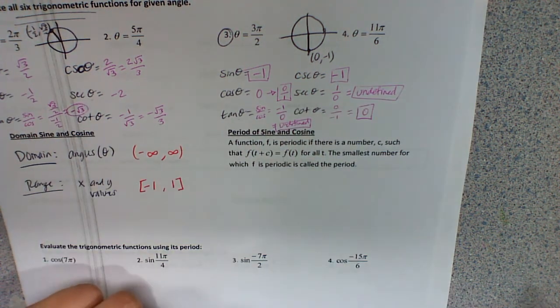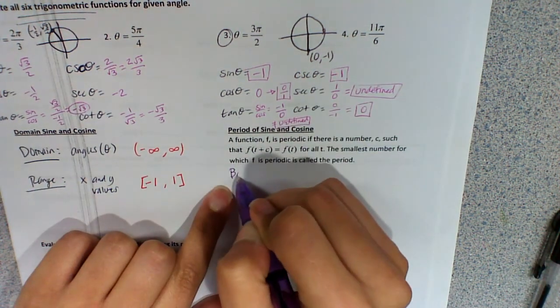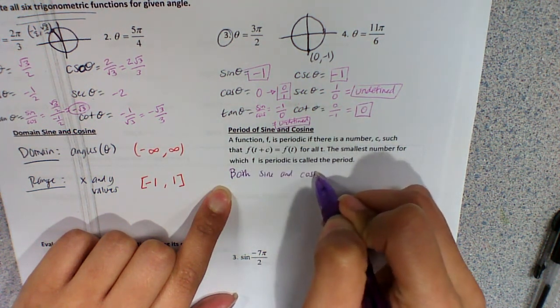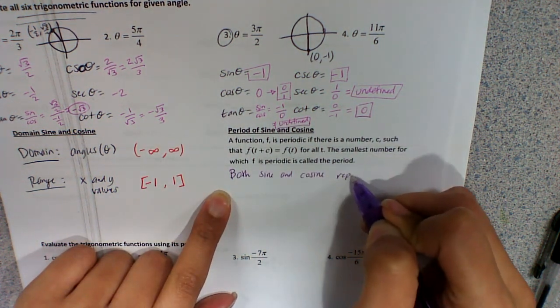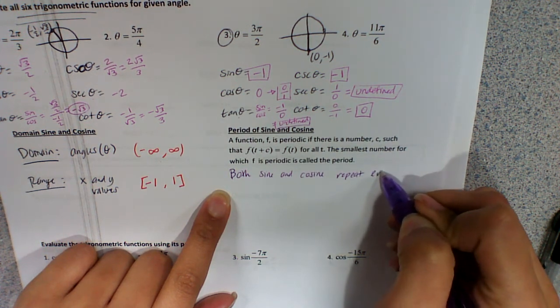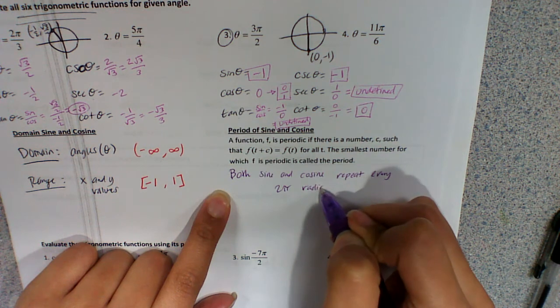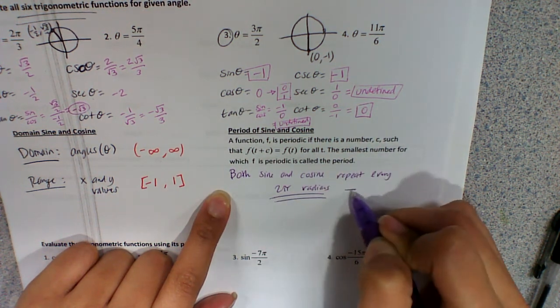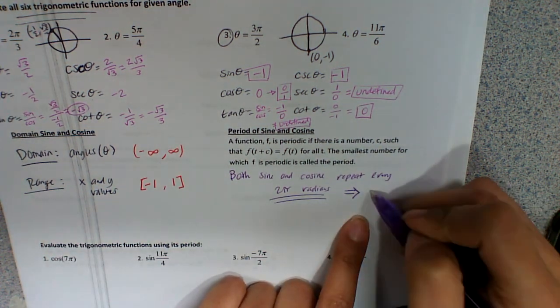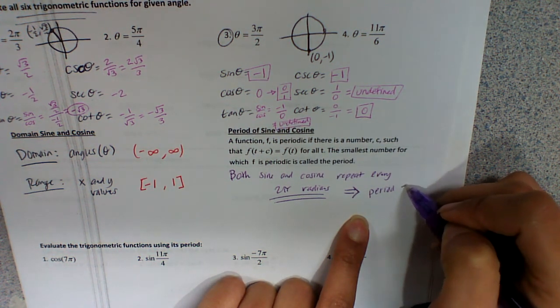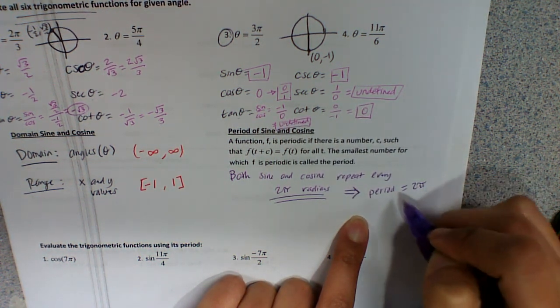I'm going to say that both sine and cosine repeat every 2 pi radians, which actually tells me that the period for both sine and cosine is 2 pi.